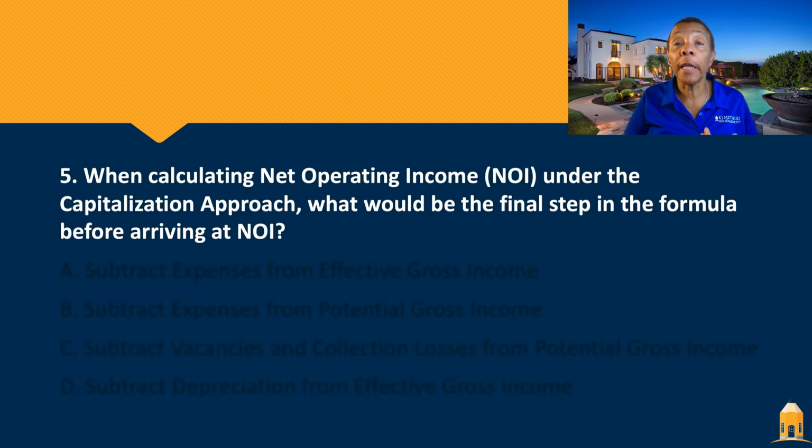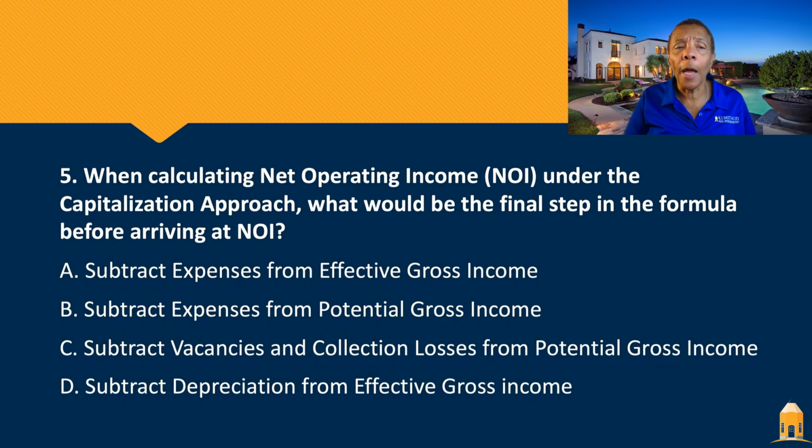5, when calculating net operating income under the cap approach, again, we're on cap approach, what will be the final step in the formula before you arrive at net operating income? Do you remember this formula? Let's look at it. A, subtract expenses from the effective gross income. B, subtract expenses from the potential gross income.